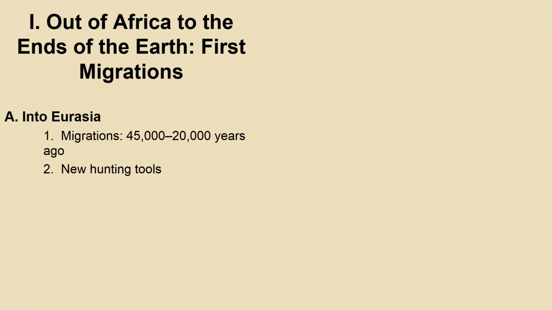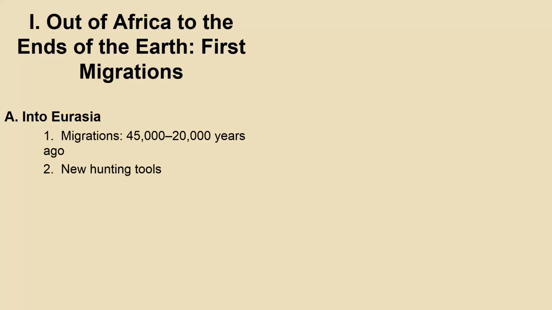One of the things that is particular about these migrations was the development of new hunting tools. Especially as you have people moving south, you have the development of technology like spears, bows and arrows, and stone tools to try to develop weapons.